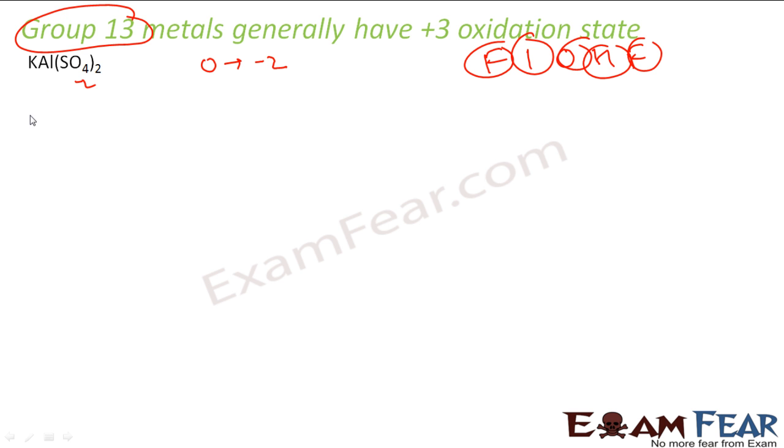Hydrogen, there is no hydrogen, there is no fluorine. So I have sulfur, aluminum, potassium. 3 unknowns. So in this order, the first one was for group 1. Group 1, it is potassium, K. So K is +1. And then we have to apply for group 2, there is no group 2 element. Then group 3, we have aluminum, +3.